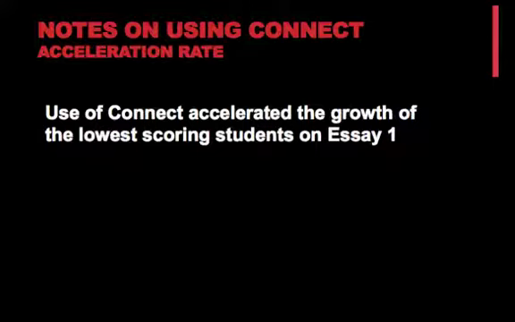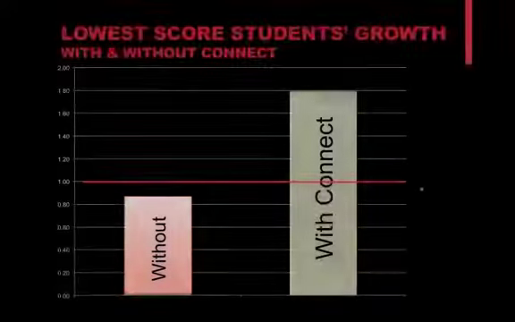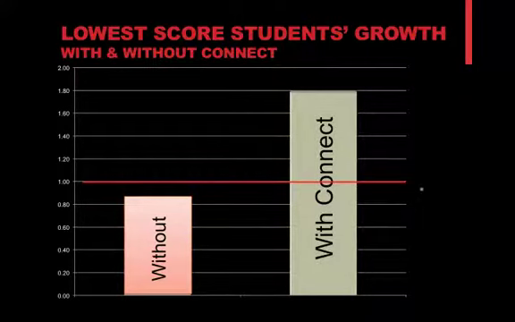And then I compared the gains that these lowest scoring students were able to make, both in the classes that were using Connect and the ones that were not, and found that the lowest scoring students that used Connect were able to increase by an average of 1.8, whereas the lowest scoring students who were not using Connect only increased by 0.87. 0.87 is still a great average increase, but you can notice that with Connect, it's one entire point higher.